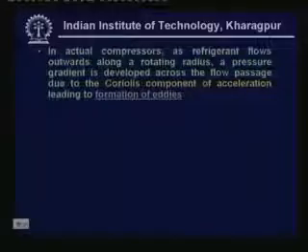In actual compressors, as refrigerant flows outwards along a rotating radius, a pressure gradient is developed across the flow passage due to the Coriolis component of acceleration, leading to formation of eddies. I was mentioning slip. If there is no slip, then the angle beta is nothing but the blade angle. But what is this slip? This slip comes into the picture because the refrigerant has to flow along a radius which is rotating at high speeds.